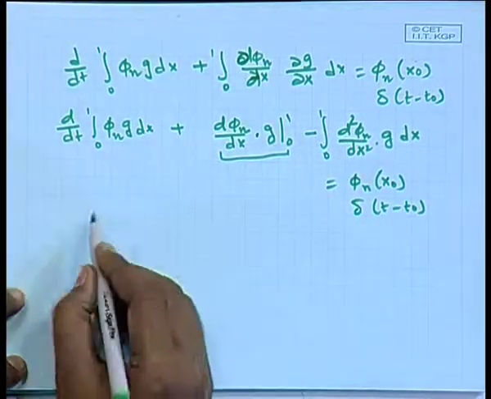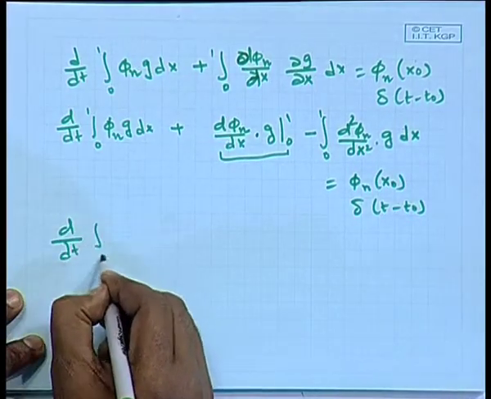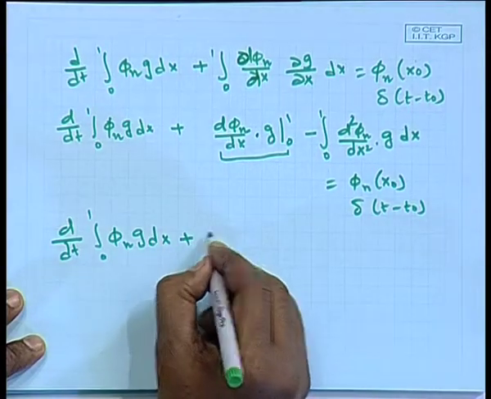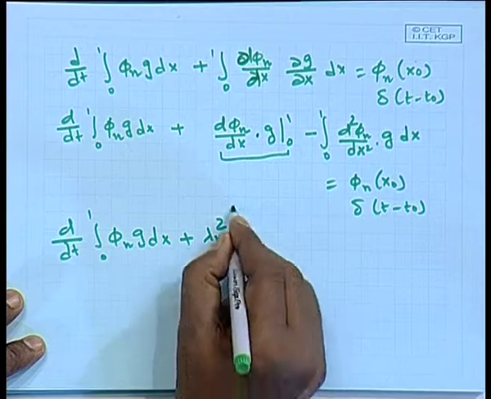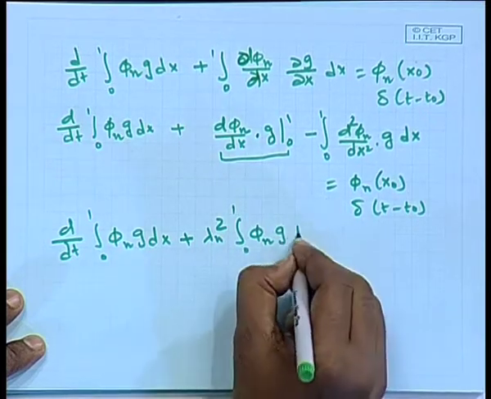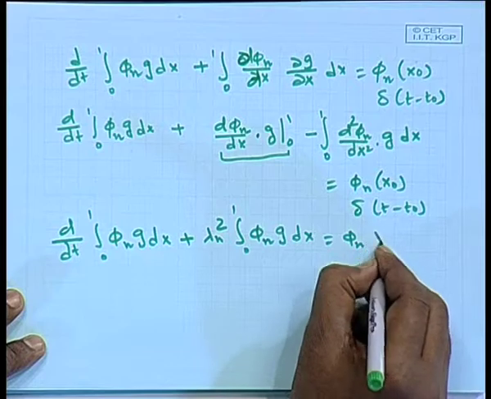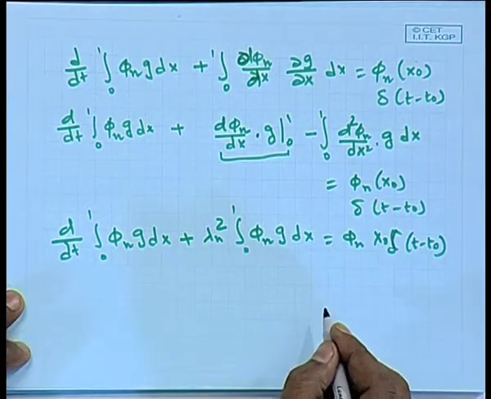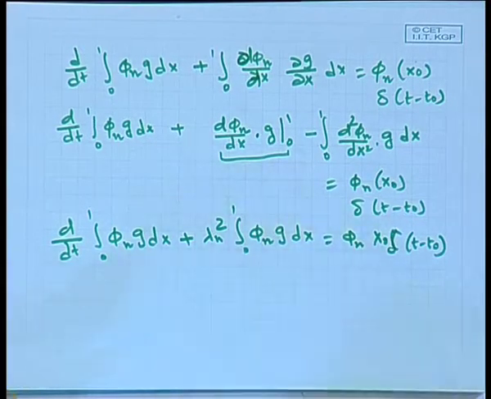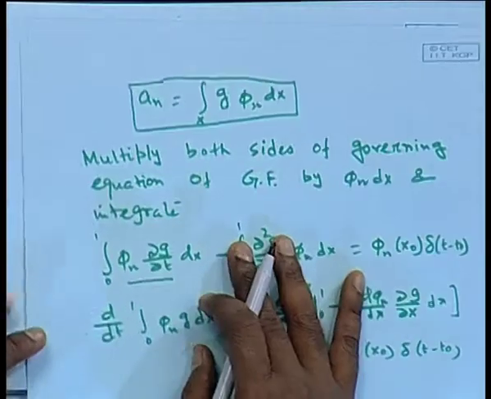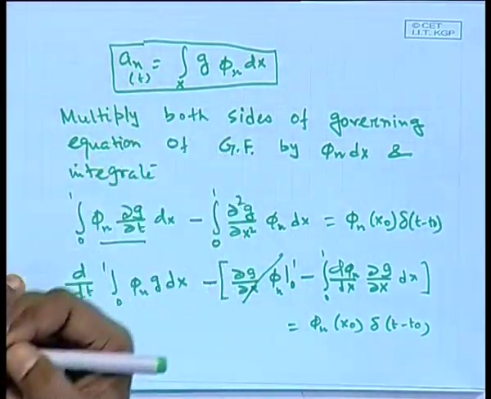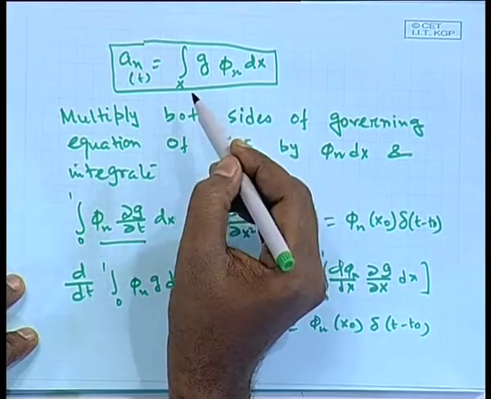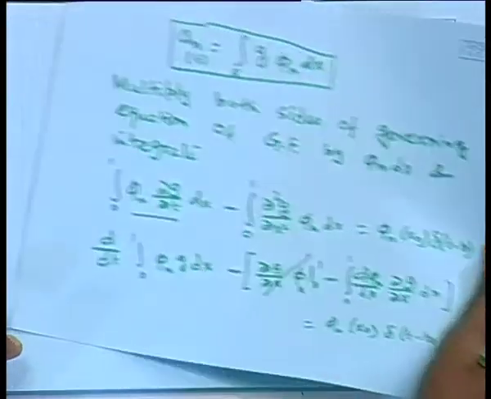So minus minus plus. So this becomes d dt of 0 to 1 phi n g dx minus minus plus lambda n square 0 to 1 phi n g dx is equal to phi n x naught delta t minus t naught. Okay. Now, what is the integral of phi n g? It is a function of time. So I will be replacing the integration of g phi n dx by a n, which is a sole function of time.